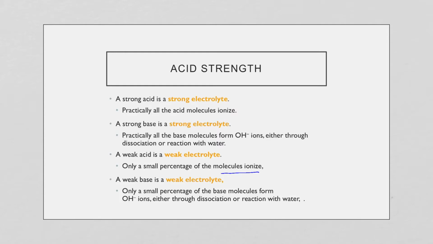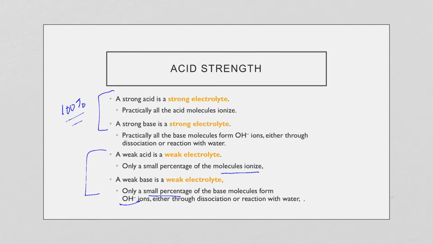And with a weak base, only a small percentage of the base molecules form hydroxide via dissociation or reaction. Something to understand right away is that there is a big gap here. When we say strong, essentially we mean 100%. When we say weak, we mean a tiny percent.